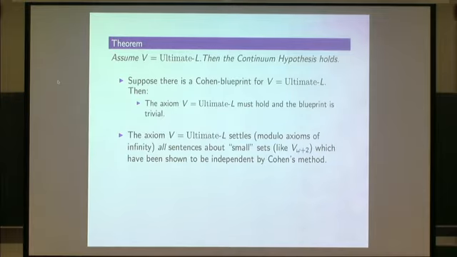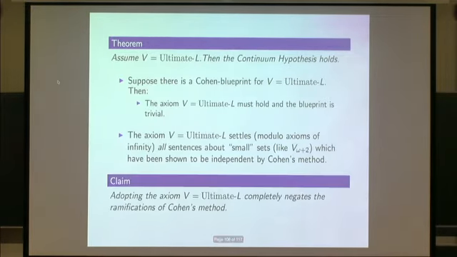We can also see that the axiom V is ultimate L settles, modulo axioms of infinity, all sentences about small sets like V omega plus 2, which have been shown to be independent by Cohen's method. Adopting the axiom completely negates the ramifications of Cohen's method. And one's almost conceivably in the situation that Gödel had speculated, where everything gets reduced to infinity principles. Okay, so each of these is a precise theorem.